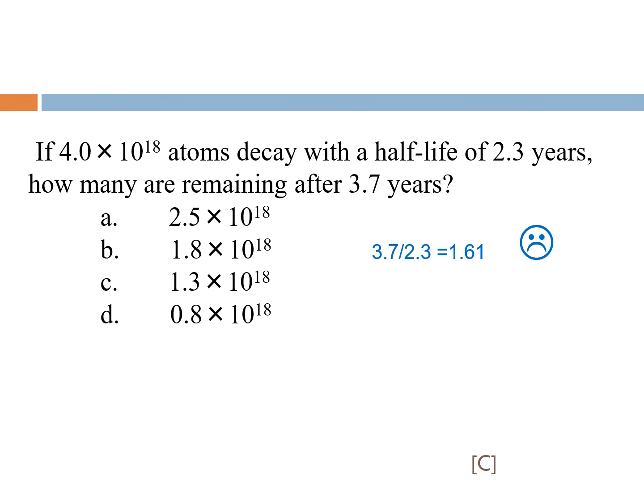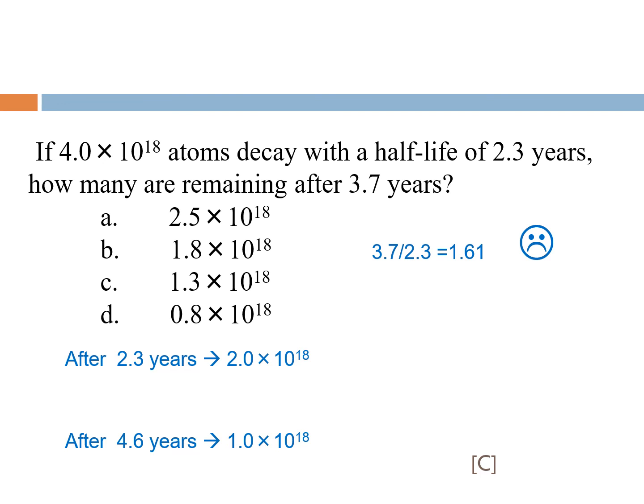However, I can still avoid the calculator and reason my way out of this, because if the time would have been 2.3 instead of 3.7, that would have been one half-life, and therefore I would have had 2 times 10 to the 18 atoms left. For 4.6 years, there would have been 2 half-lives, so I would have been left with only 1 times 10 to the 18 atoms. So 3.7 is in between those two numbers.